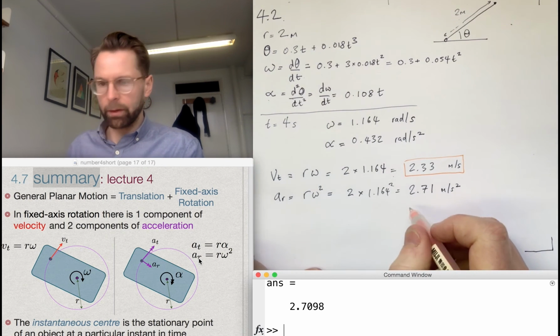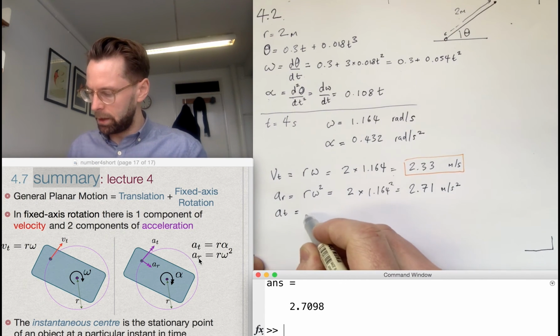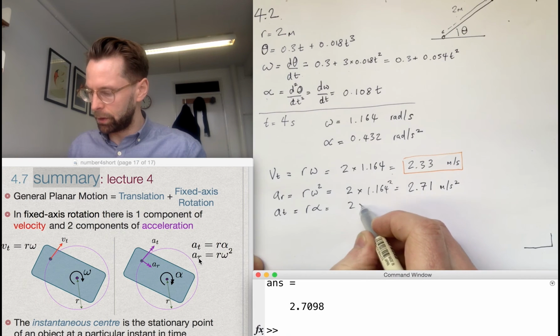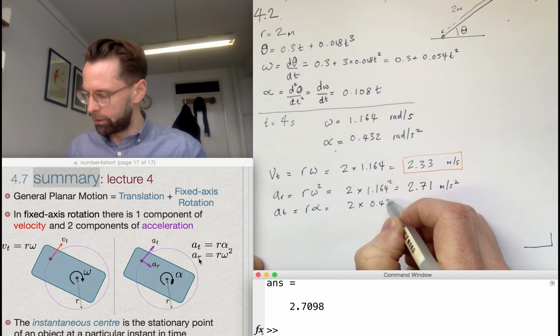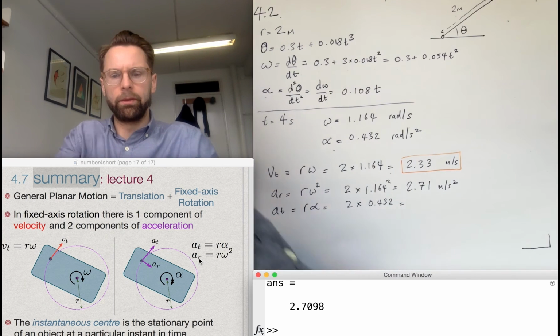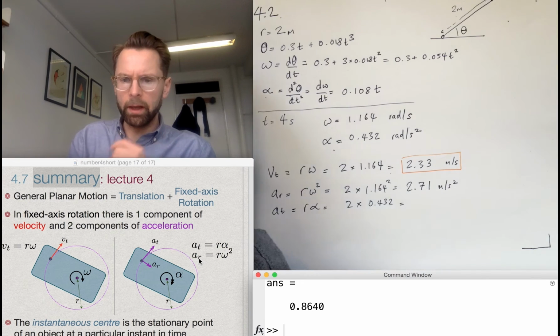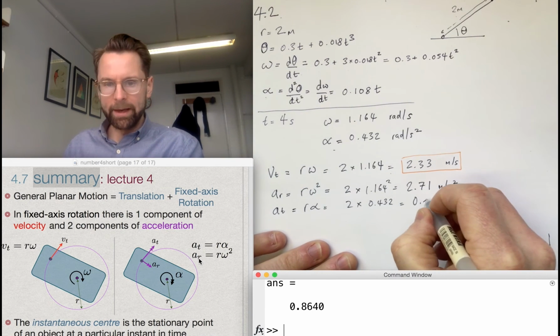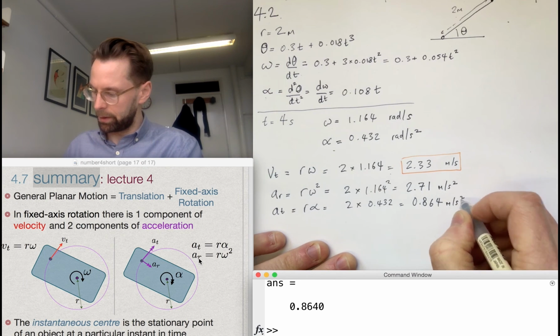So that's the radial component. The tangential component of acceleration is r alpha. That's 2 times what we calculated here, which is 0.432. So 2 times 0.432 is 0.864 meters per second squared.